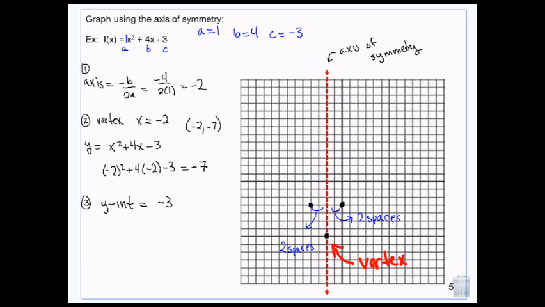And 3 points is enough to make a U. Now, if you were graphing this to find the solutions, I would say go out a bit further so you get more accurate. But since you're just graphing it just to graph it, you've got your 3 points. That's plenty. Make a U, and you're done.